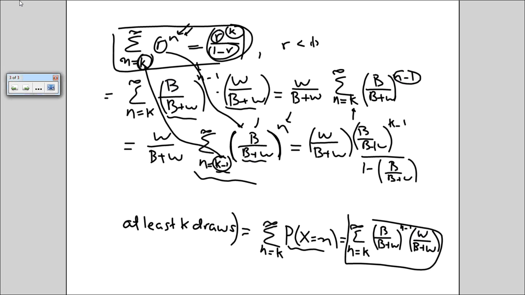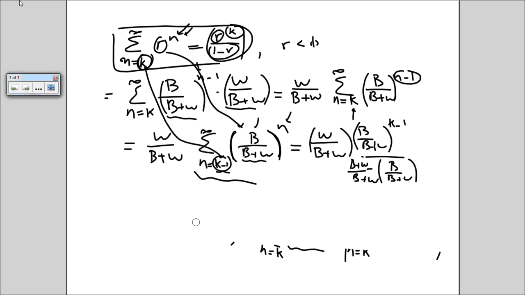So I'm going to make one change. Instead of 1, I'm going to write b plus w over b plus w. And let me erase the bottom. I need even more space. It's a long problem, but it's very doable, providing you know that formula on the top, the one that I started off with.